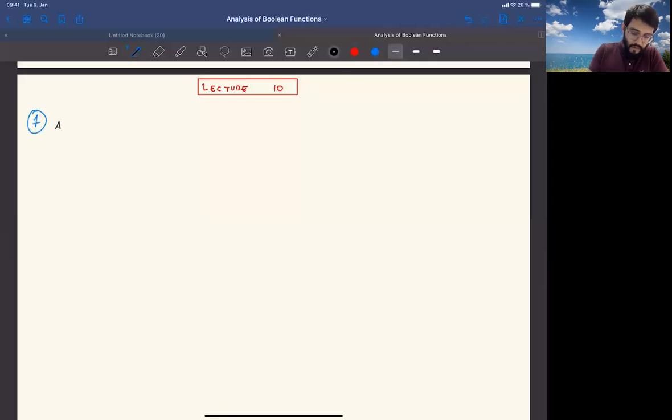I give you a polynomial P, say from R^n to R, and suppose you have a function f from {0,1}^n to {0,1}. Remember, this is just 0, 1 raised to the n.